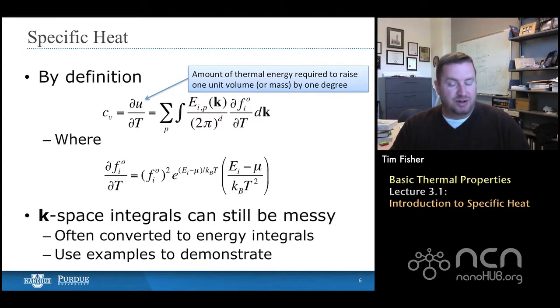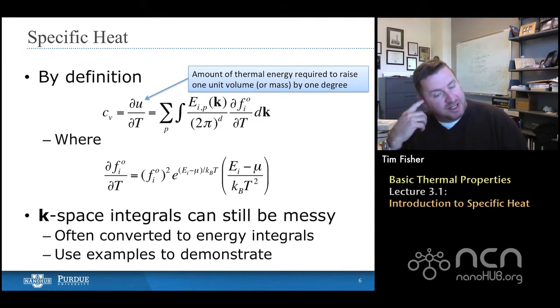If you wanted to do a dimensional analysis on this, you see everything in the equation is dimensionless until we get to this last T. Energy divided by kT is dimensionless, and then we have an extra temperature here, and so this has the proper units of 1 divided by temperature.